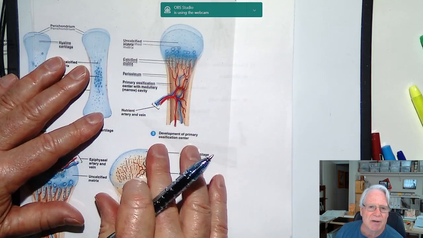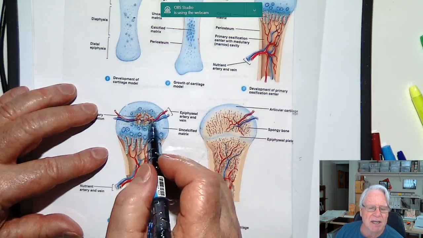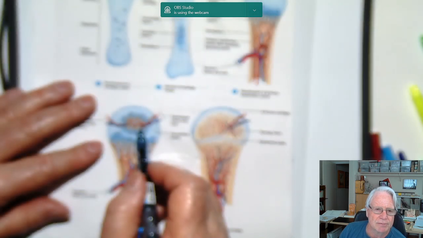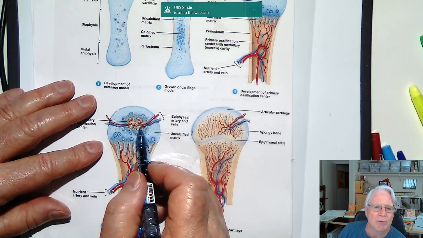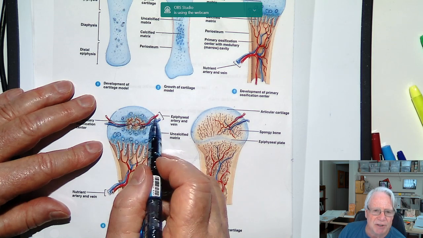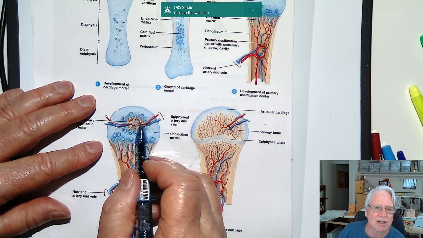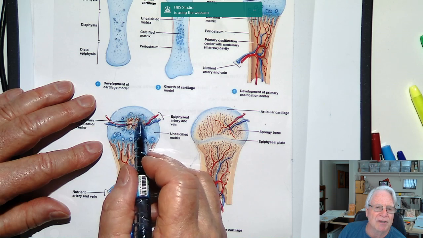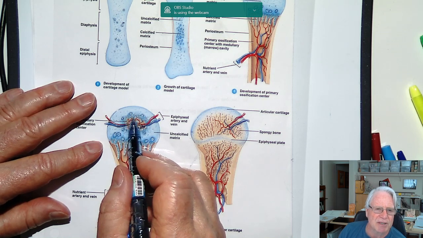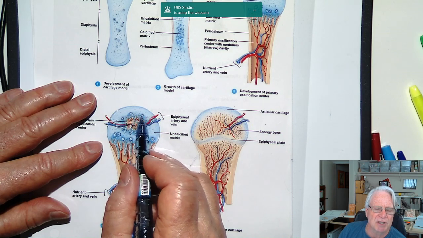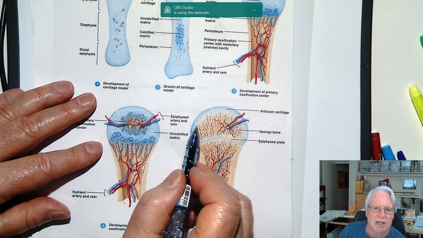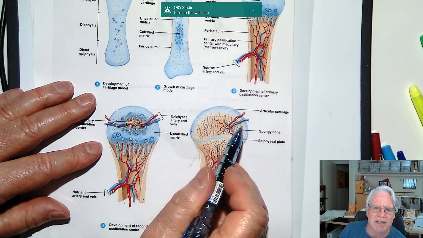Okay. Now what we're going to see happening is the same process happening here in the ends of the bones, where we get cell death, calcification of the cartilage, penetration of a blood vessel, the removal of the calcified material by osteoclasts, the replacement of that calcified material by spongy bone, and that process will proceed outward towards the outer edge.